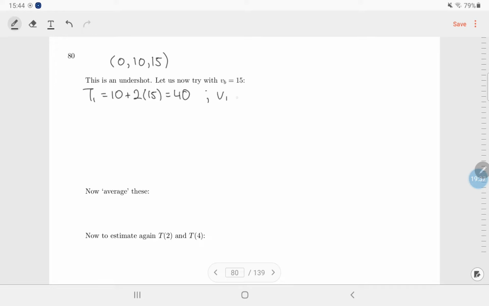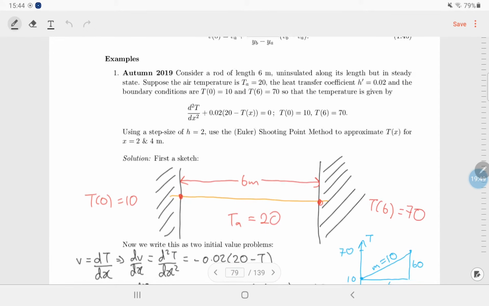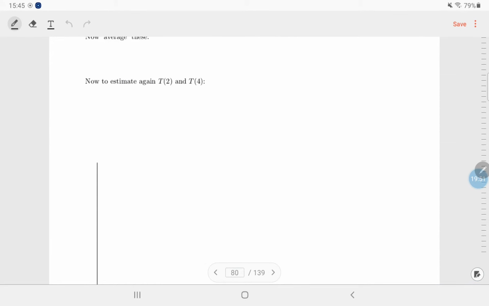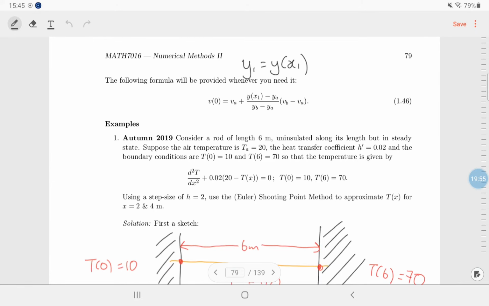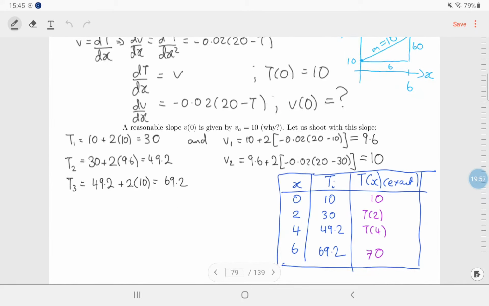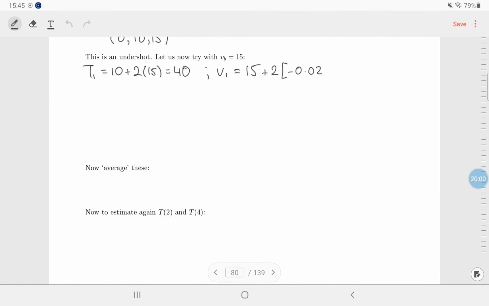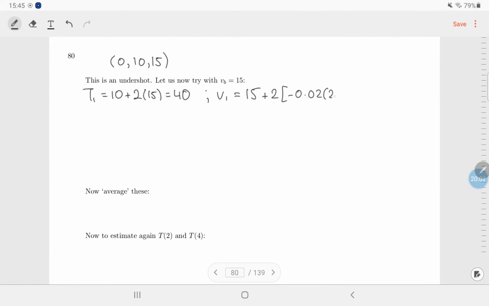Now the next slope is equal to the previous slope, 15, plus step size 2, times the derivative, which is minus 0.02 times 20 minus t, and it should be the previous t, which is 10.